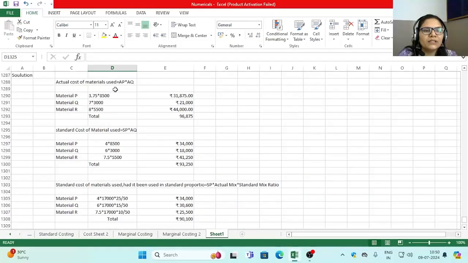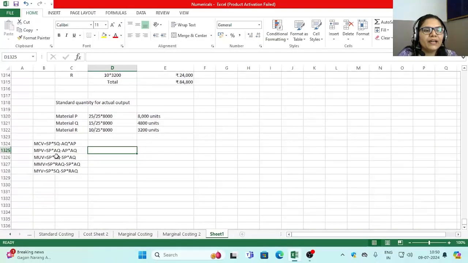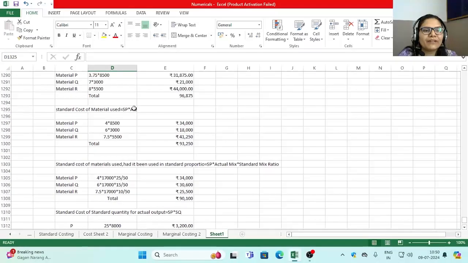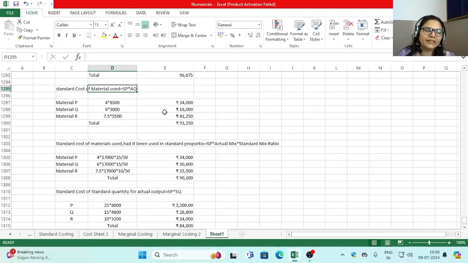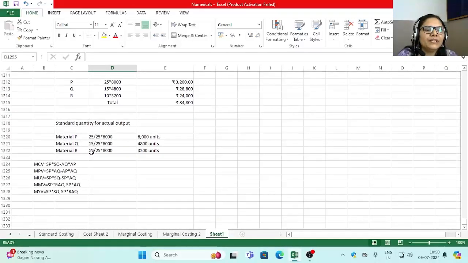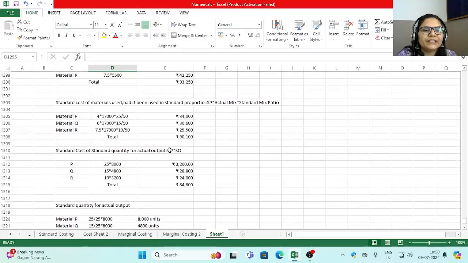Then we also need SP into AQ. We have calculated SP into AQ for all three materials, and then we have added them. Then we also need SP into SQ. We have calculated SP into SQ for each material separately, and we have added them together, P plus Q plus R.